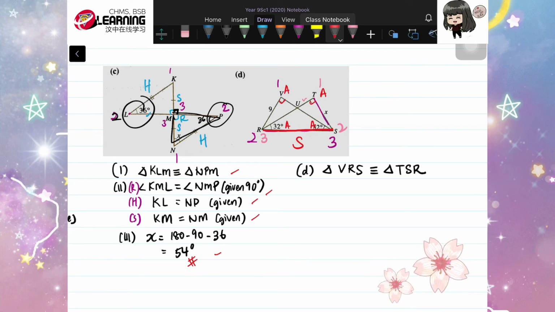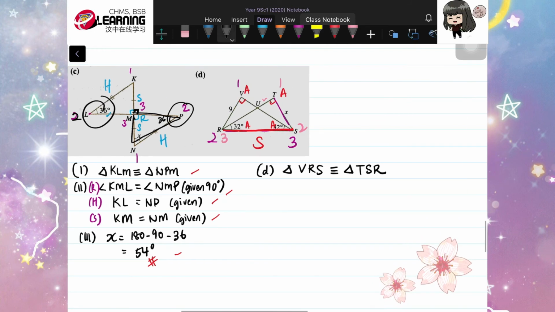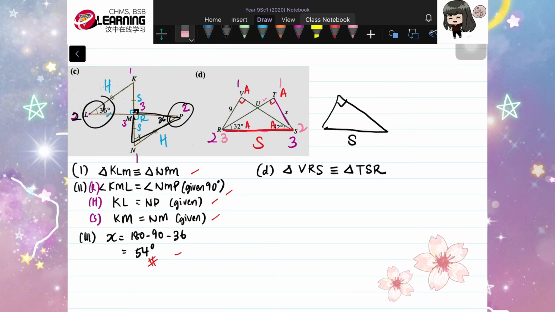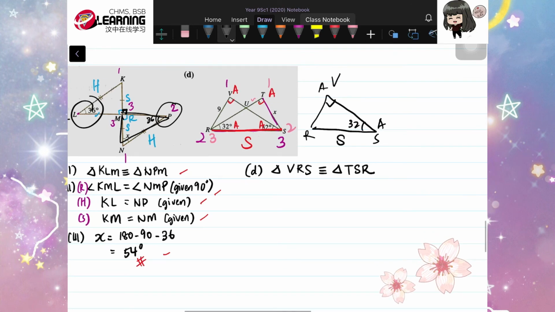So angle, and this side is not included between the two angles. If I break it down, it will be like this: 90 degrees, then this side is given, and then we are given the 32 here. This is VRS, so this is angle, side.